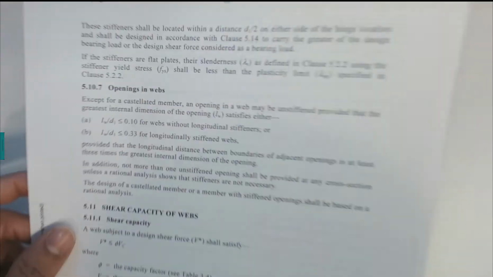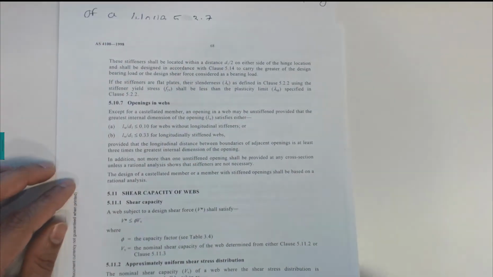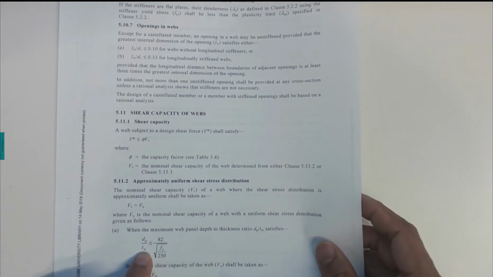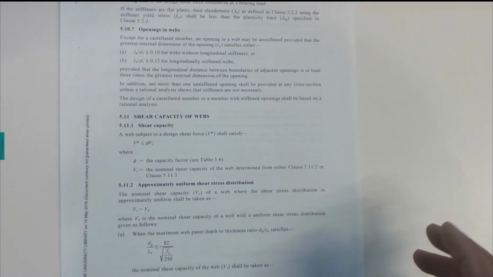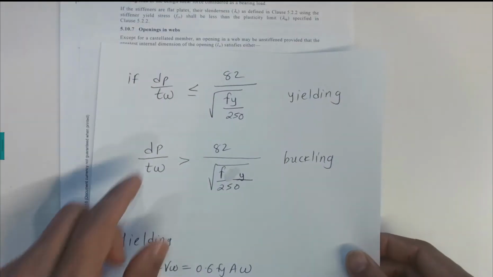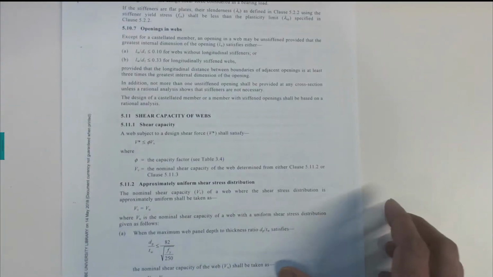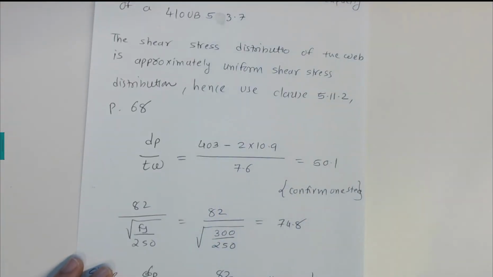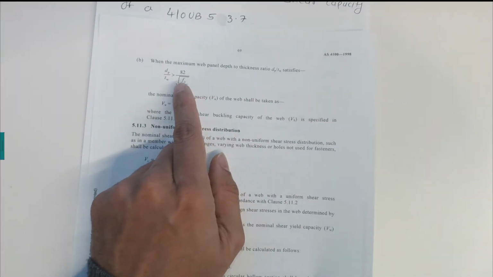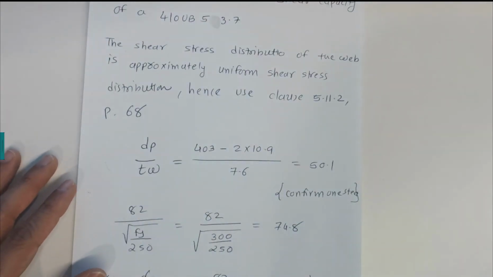On page number 68 we have the condition for yielding that I just pointed out here, and on page number 69 we have this one for buckling. Those are the two equations.